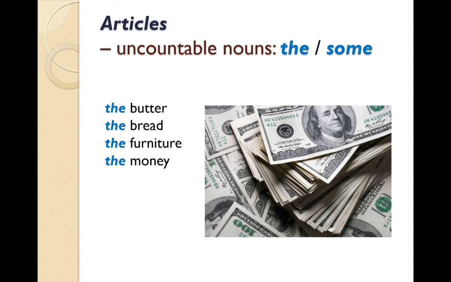The money, like furniture, when you refer to the individual parts, they are countable. A pound, a penny, a dollar, a euro, but referring to money in general, that is uncountable, and we say the money.